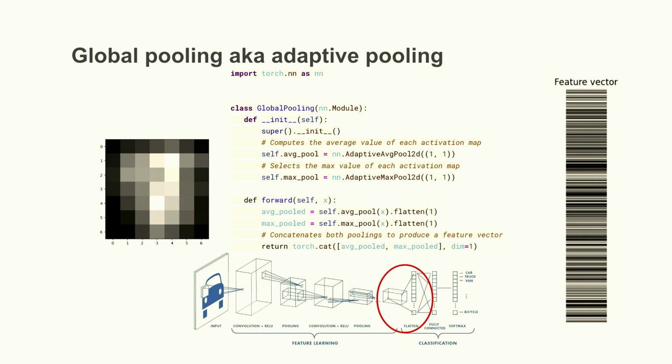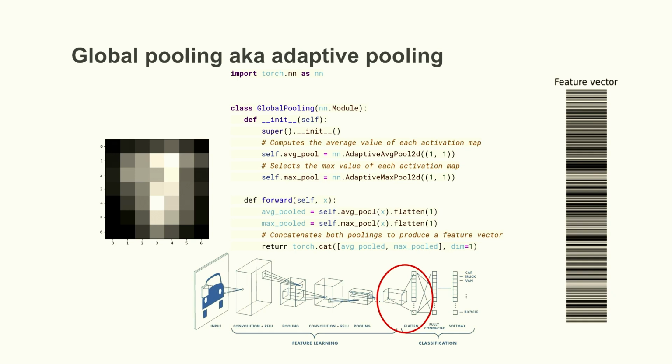So if we have this on feature maps that are very reduced, like what we see at the end of the convolutional layers, for example having a 7 times 7 feature map, and we have 1,000 of them or 512 of them, what we can do is call these operations and then concatenate both of them to create a smaller vector that is going to represent a lot of the information that we have in the image.